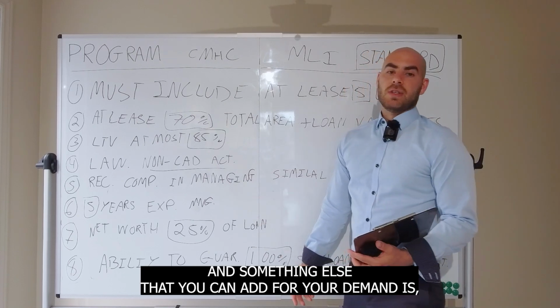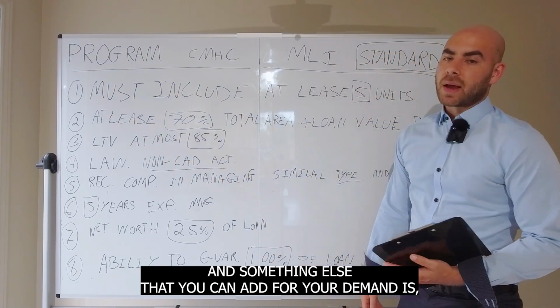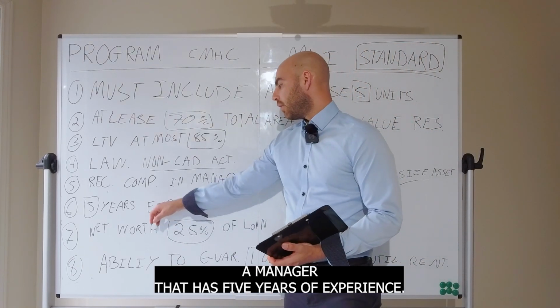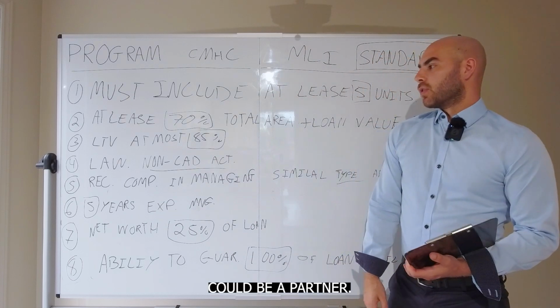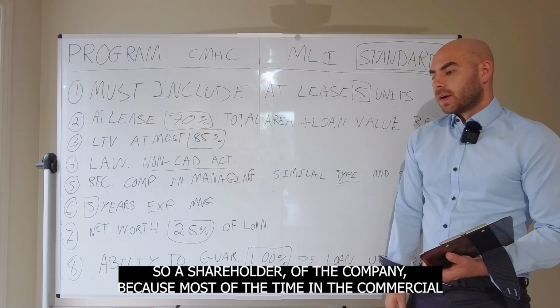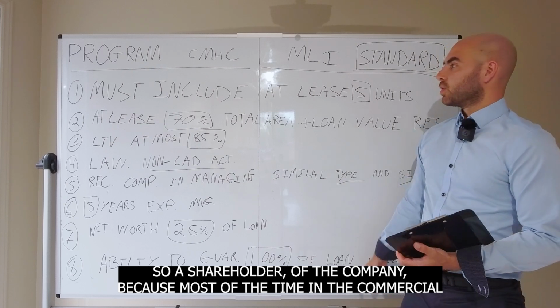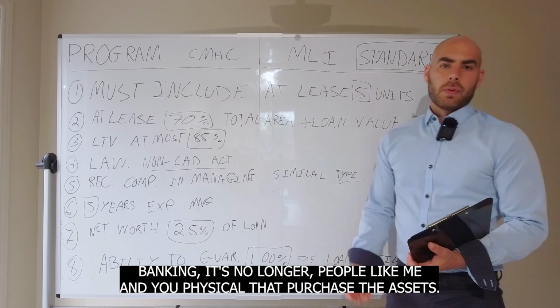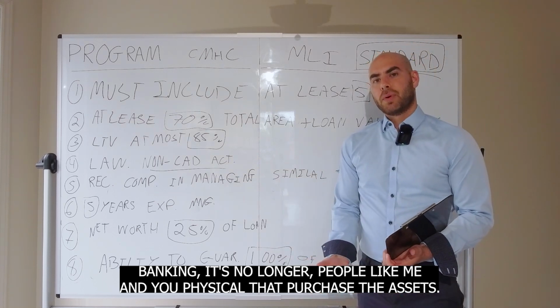And something else that you can add for your demand is a manager that has 5 years of experience. Could be a partner, so a shareholder of the company, because most of the time in commercial banking, it's no longer people like me and you, physical persons, that purchase the assets.